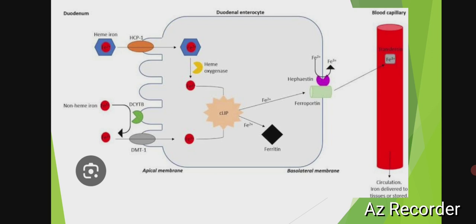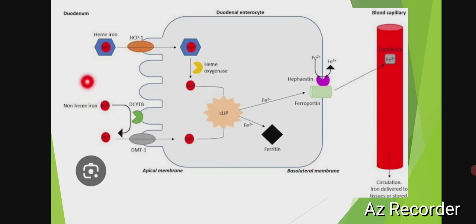Now see, in the duodenum, the heme iron is directly absorbed, heme oxygenase releases the Fe+2 form, which goes to the hephaestin or ferroportin and is converted into Fe+3 and goes into the blood capillaries and circulation. Iron is delivered to the tissue or stored.